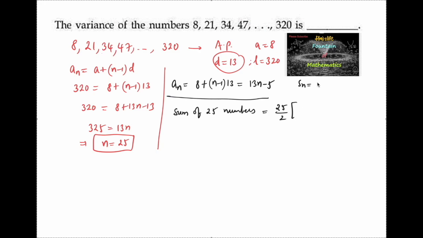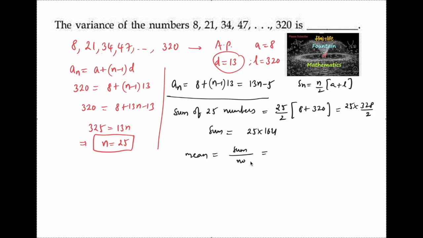We know that Sn is equal to n by 2 into (a plus l), first term plus last term. So here the first term is 8 and the last term is 320. So we can write 25 into 328 divided by 2, that is 164. 25 into 164 is the sum of the numbers, and to get the mean, mean is equal to the sum of the observations divided by the number of observations, which is equal to 25 into 164 divided by 25. So we are getting 164. So this is the mean.